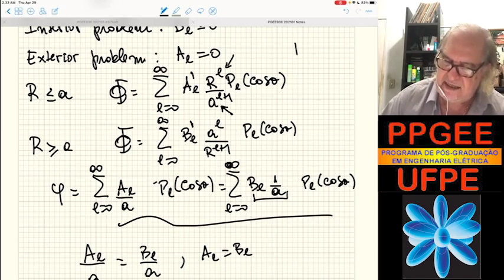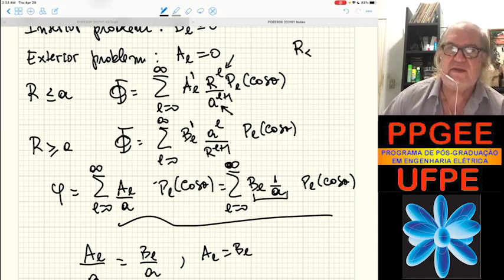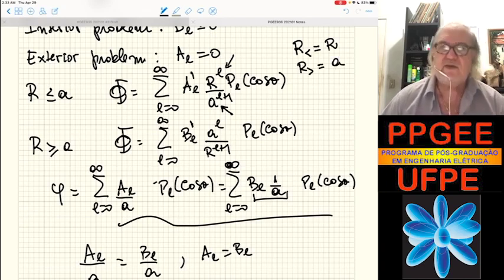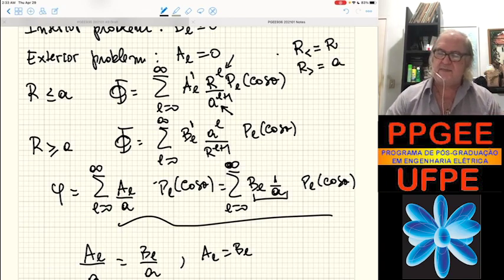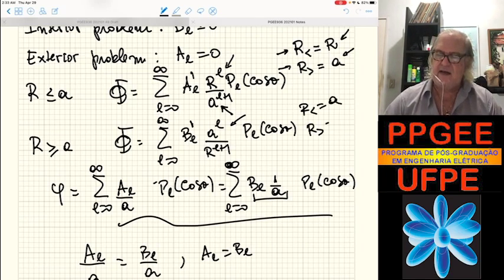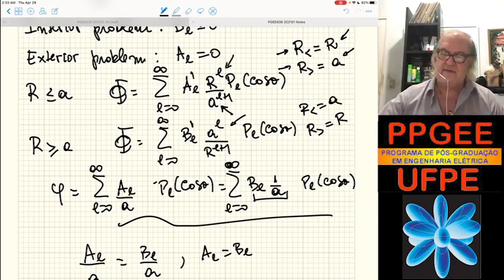In this case, the smaller between R and A is R, the larger is A. So for the interior problem, the smaller is R, the larger is A. For the exterior problem, the smaller between R and A is A, and the larger is R.